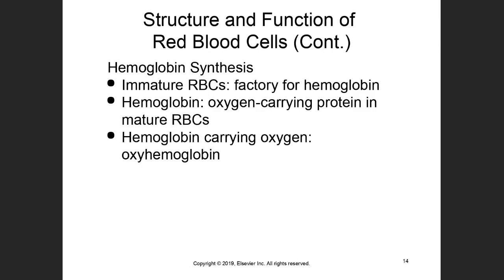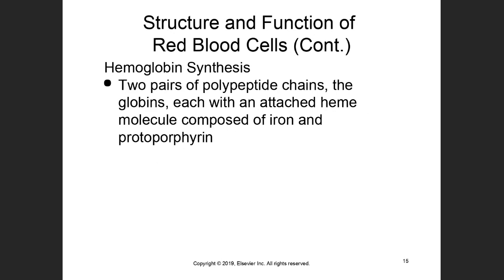Hemoglobin synthesis: immature RBCs are the factory of hemoglobin, the oxygen-carrying protein, and hemoglobin carrying oxygen is oxyhemoglobin. Okay, that's when the hemoglobin is carrying the oxygen.